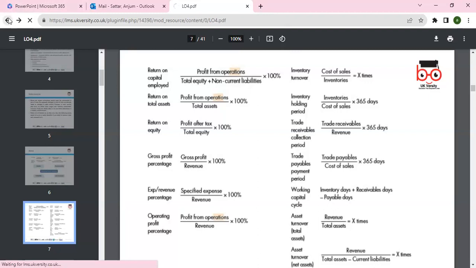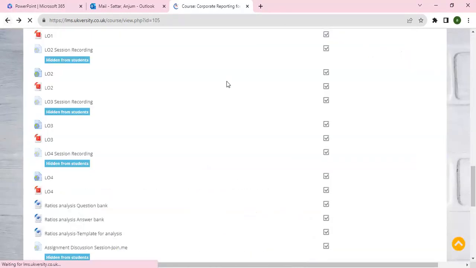So please, on the Moodle page, I'll quickly show you. Here are the extra resources. Can you see here? Yes, please. We've been given a financial analysis question bank and answer bank, which is quite good.